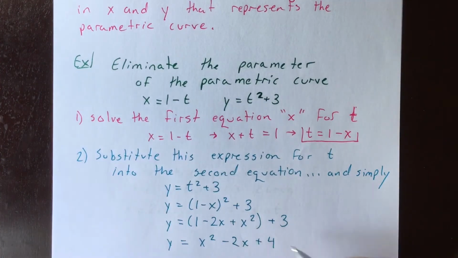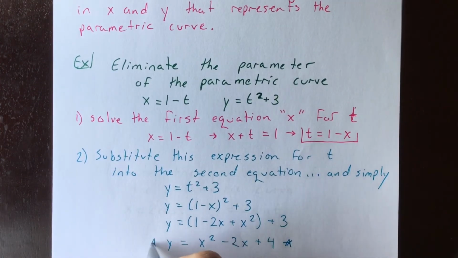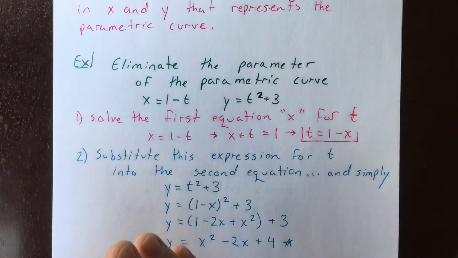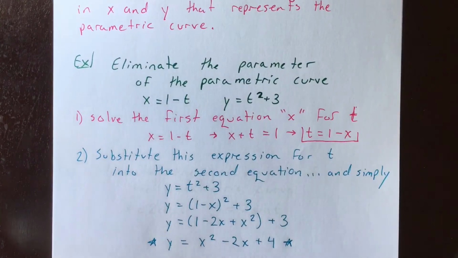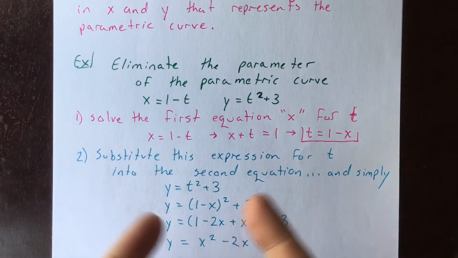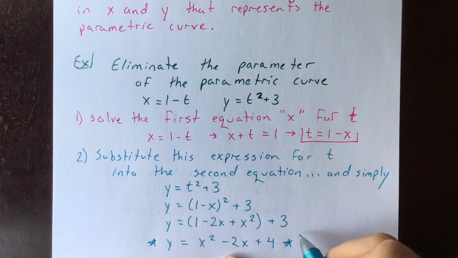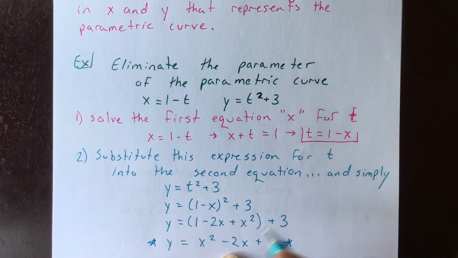We eliminated the parameter. We have a rectangular equation in terms of x and y. We had looked at graphing it and determining if it's a function or not. Well, you can also do the same thing by eliminating the parameter. We got this equation, and this is a quadratic equation. So this is a function, knowing how quadratic equations appear graphically.